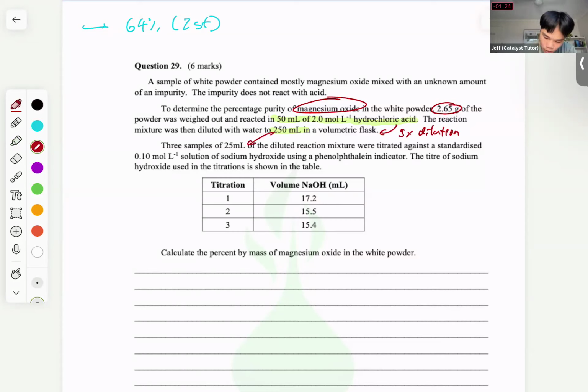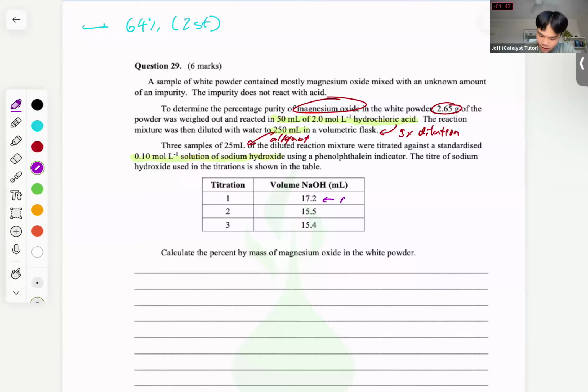So we've taken an aliquot, which would have the same concentration, and we've titrated against 0.1 mole per liter of sodium hydroxide using phenolphthalein indicator. The titer is shown, or 3 titers are shown, and you can look at the top one that is quite different to the other 2, sorry.